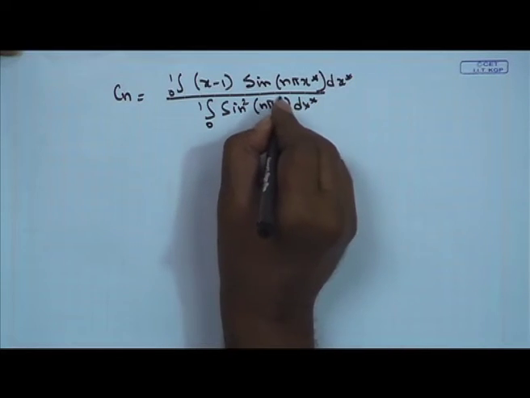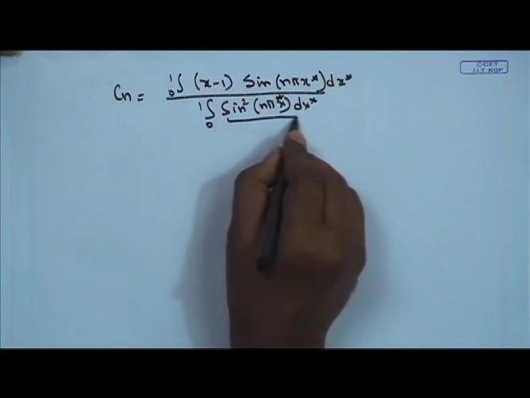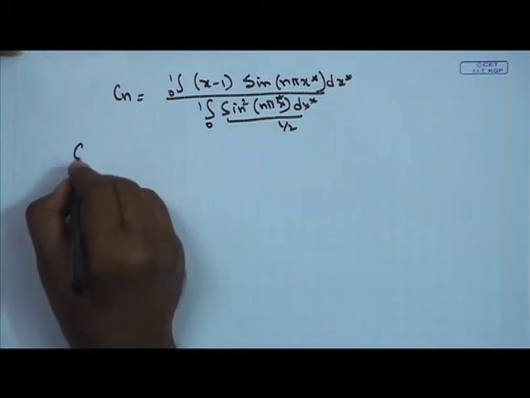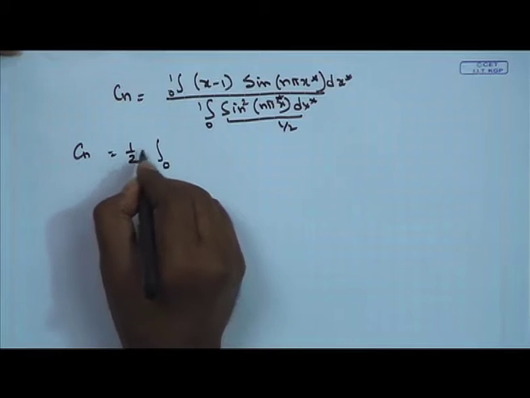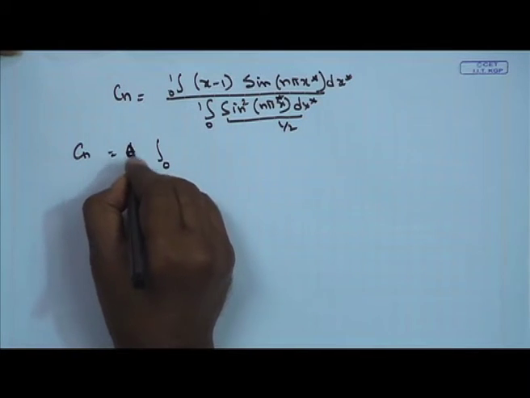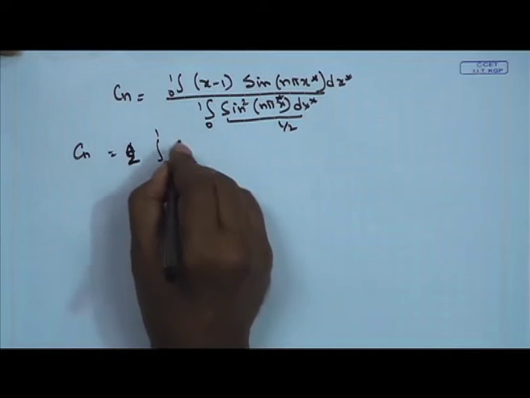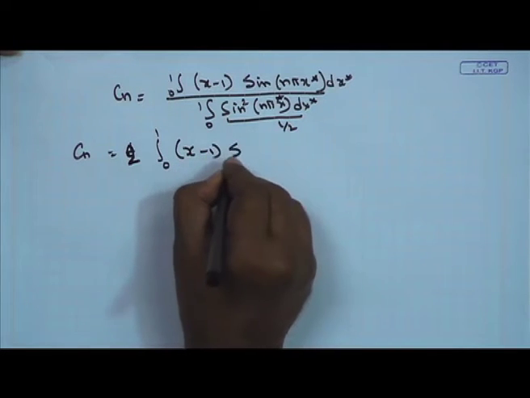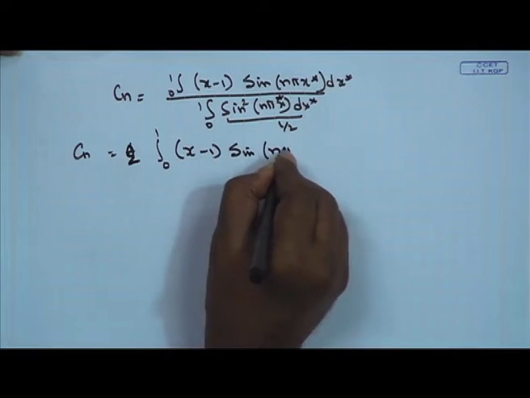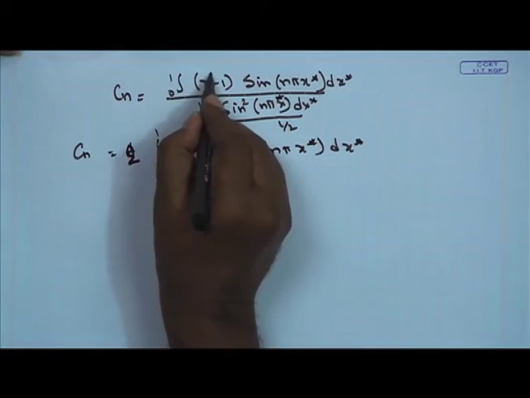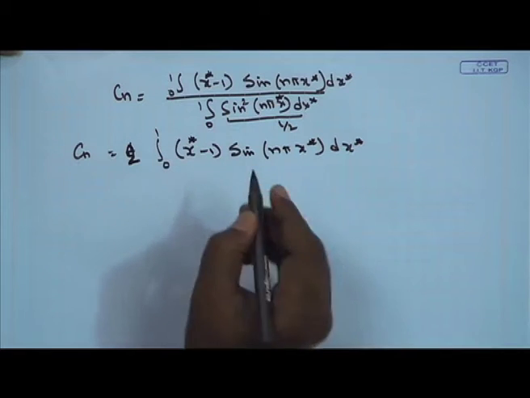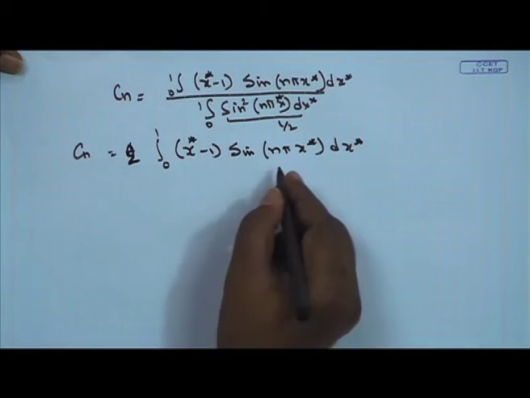These will be all stars, and we have seen this denominator will be half. So Cn is equal to 2 times the integral from 0 to 1 of x minus 1 sine n pi x star dx star. All x's will be basically stars, non-dimensional, so one can integrate by parts.